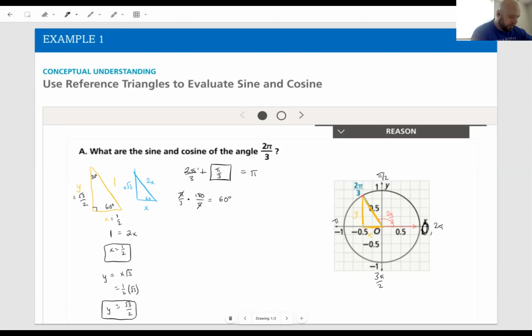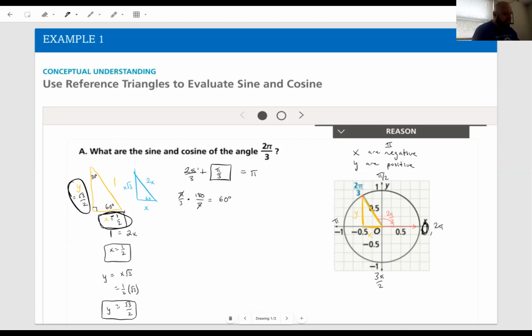And anytime you're in quadrant 2, your x values are negative and your y values are positive. Remember, this is for quadrant 2. So when I got 1/2, I should have actually put negative 1/2, and my y value is positive and it can stay positive.